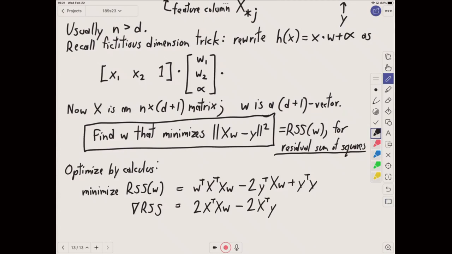And that last term's a constant, so it just disappears. All right, so if we want to minimize RSS, then we set the gradient to 0. And that implies that x transpose xw is equal to x transpose y.